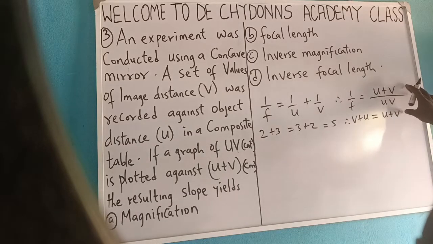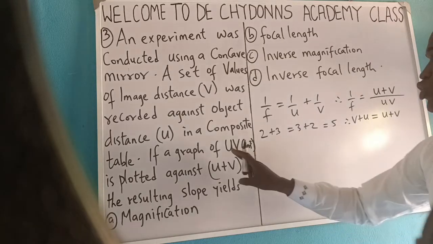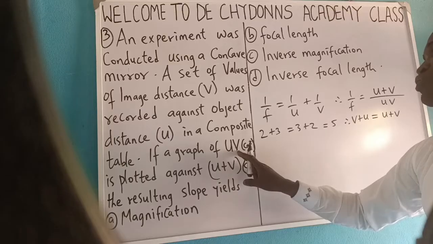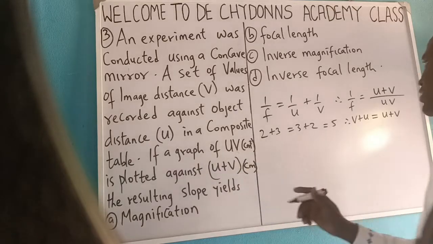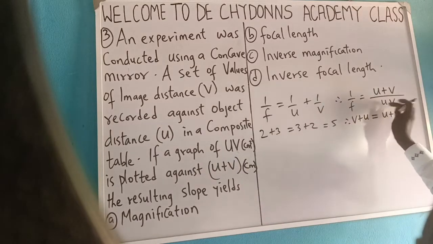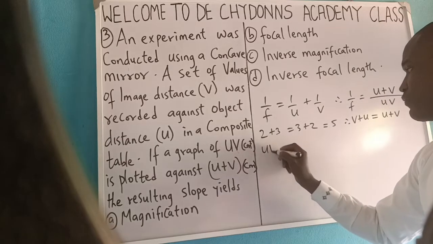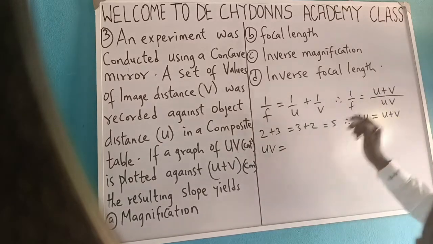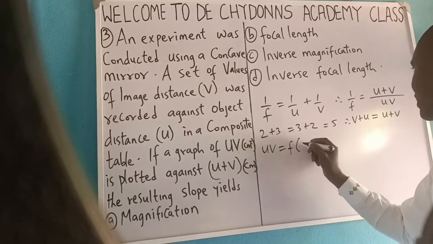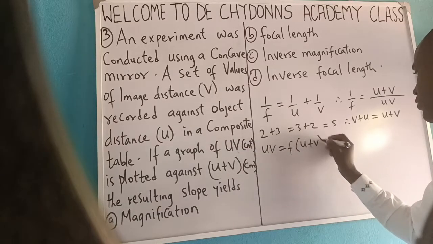Now, after getting this, how can we arrange this so that uv is plotted against this? Cross multiply: uv times 1 is uv, f times this is f bracket u plus v.